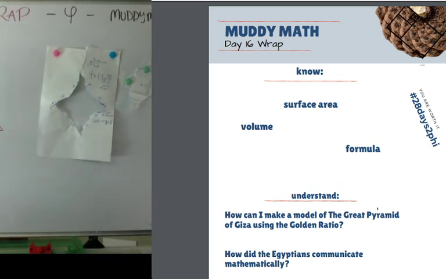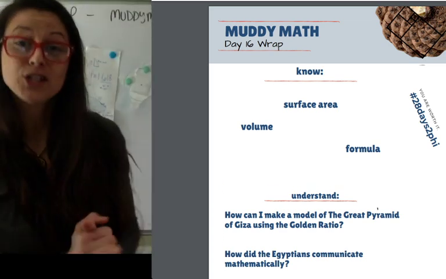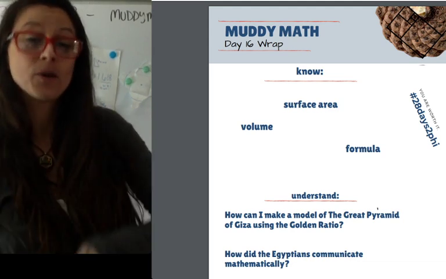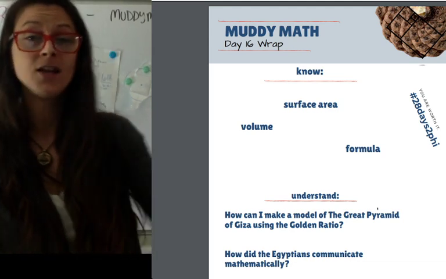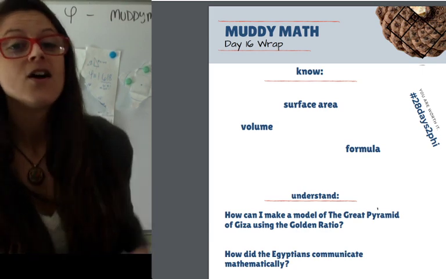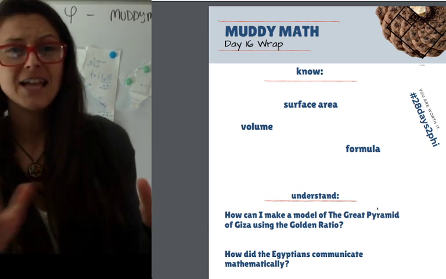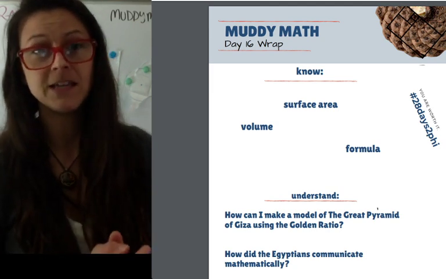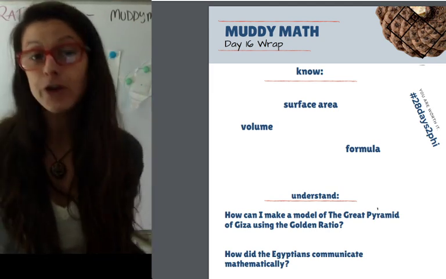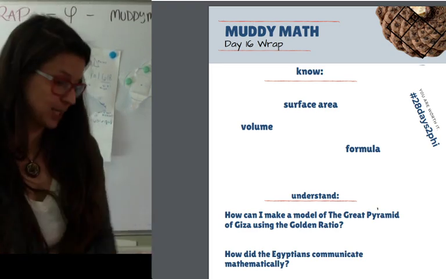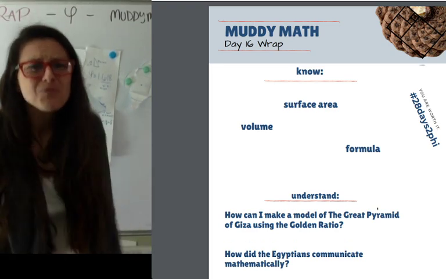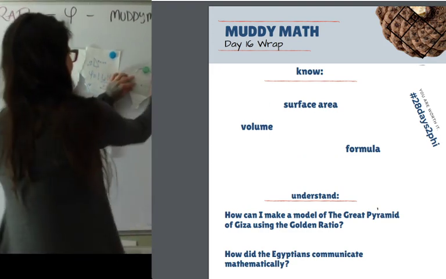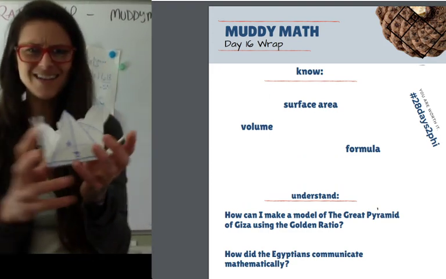Okay? And we want to talk more about surface area, volume, and what a formula is today on day 16, 28 days to phi. By the end of our session today, we want to understand how I can make a model of the Great Pyramid of Giza using the golden ratio, and furthermore, use it as a tool to measure objects in nature. And you might be saying, what do you mean measure objects in nature with a net?